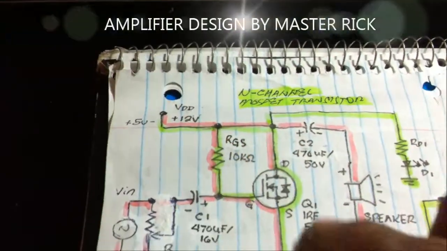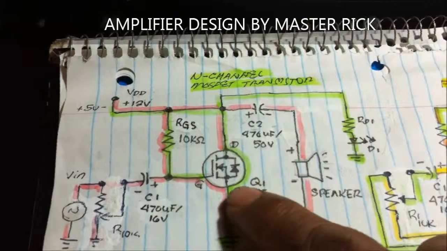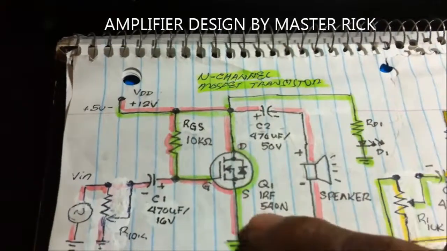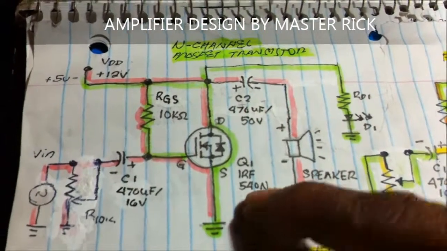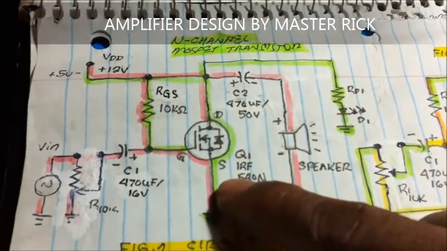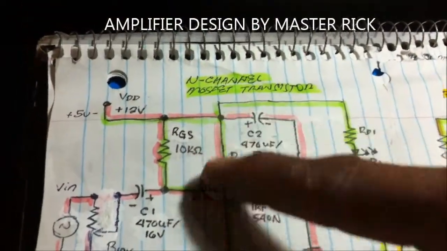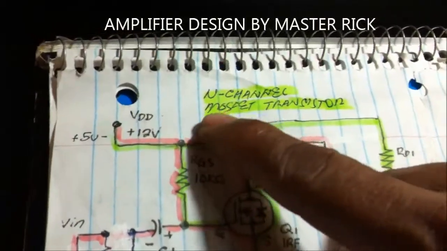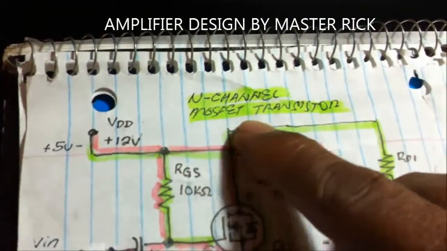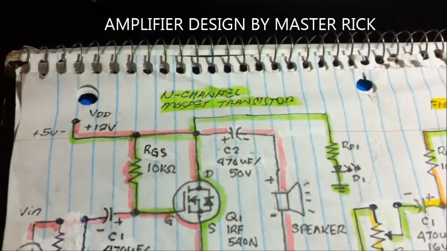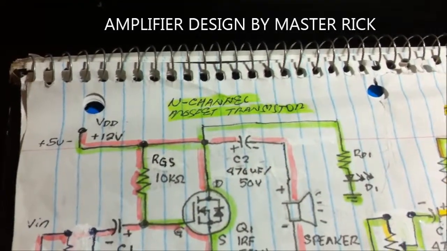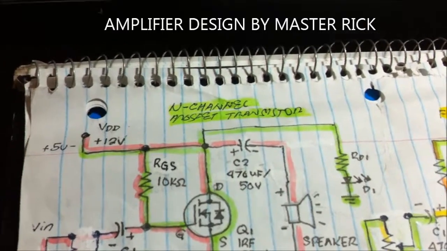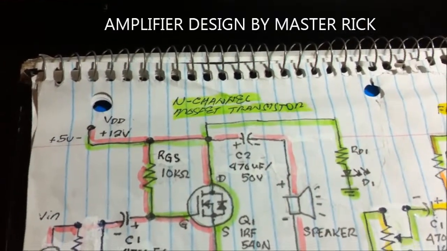We have the Mosfet IRF540N: drain, gate, source. I'm using this because it is an N-channel Mosfet transistor, a commonly used type of Mosfet as an amplifier, and it is so easy to use.